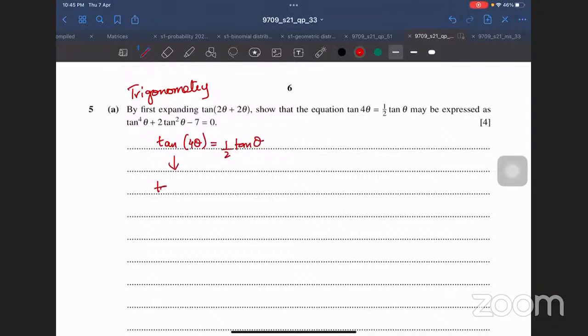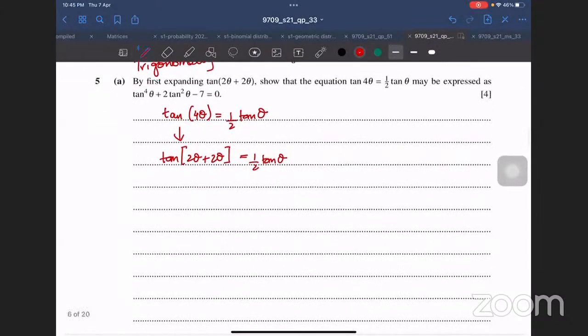I need to first break it using compound angles, 2 theta plus 2 theta. So this becomes (tan 2 theta plus tan 2 theta) over (1 minus tan 2 theta tan 2 theta) equals half tan theta.